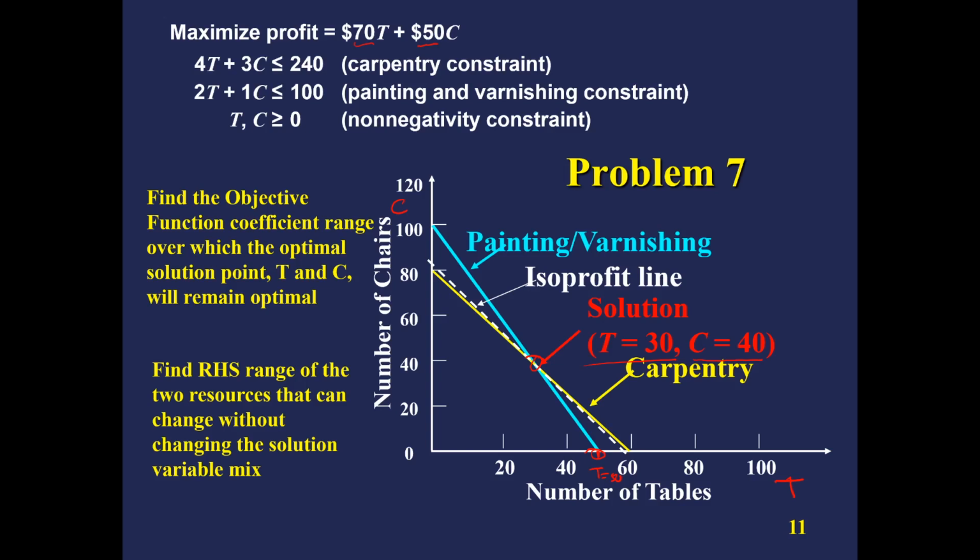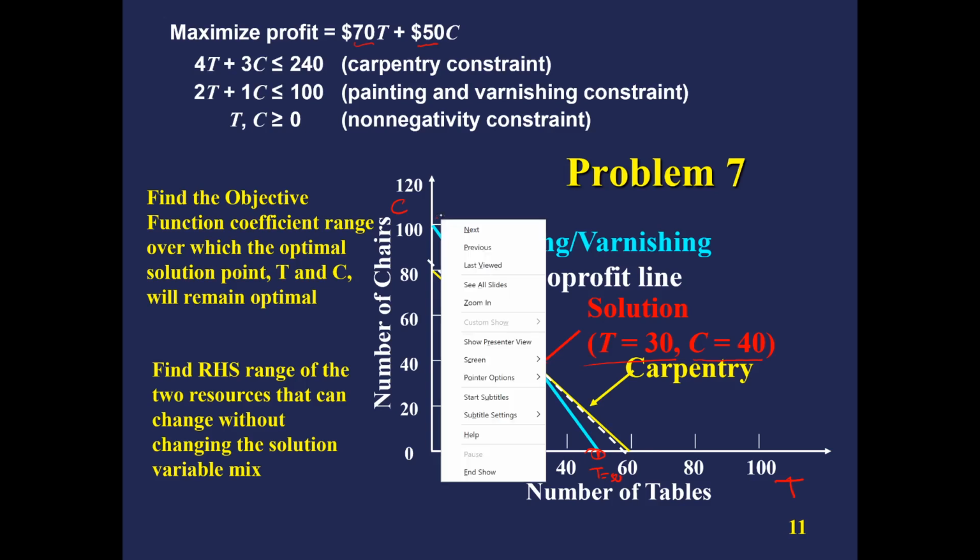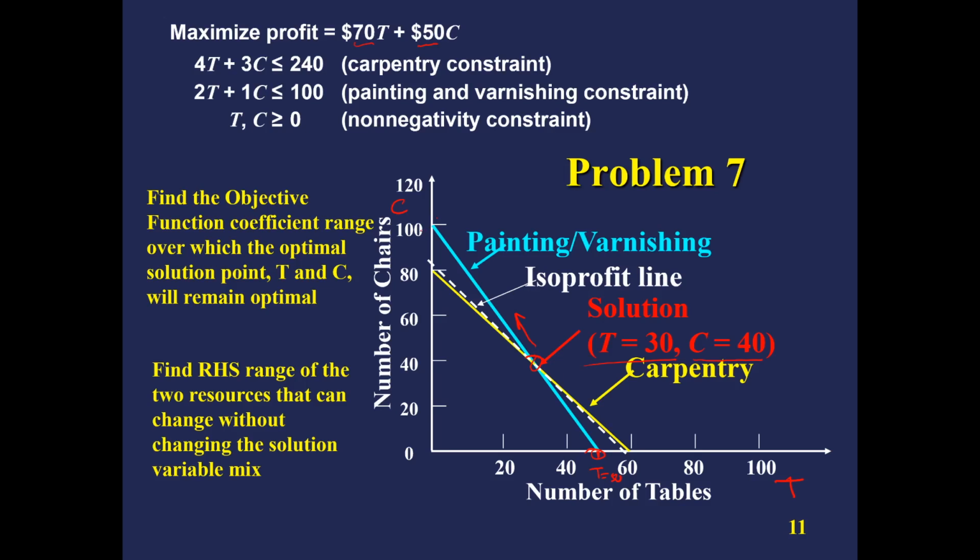For the maximum, we move the Carpentry constraint away from the origin, and the corner point will start moving toward this side, until we have the corner point C is equal to 100 and T is equal to 0.